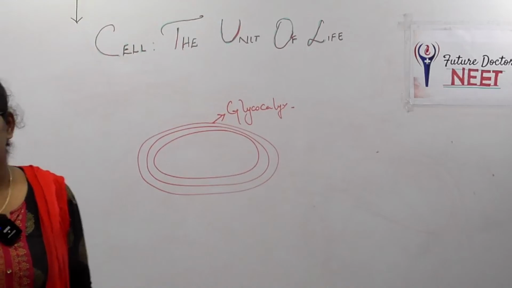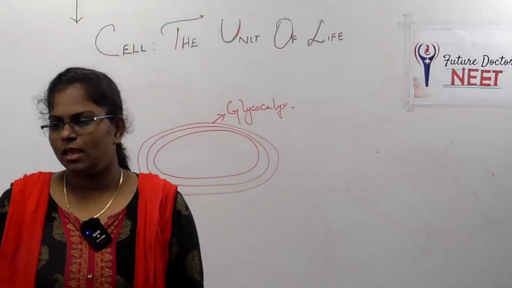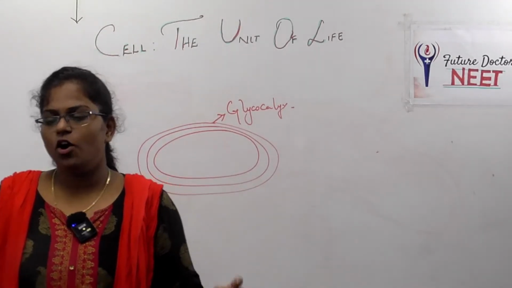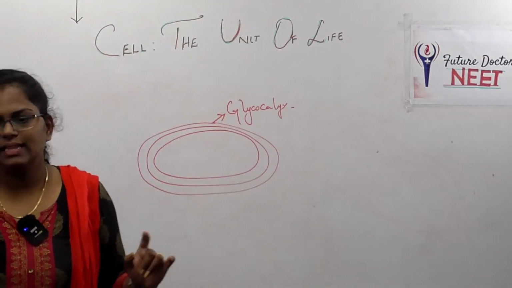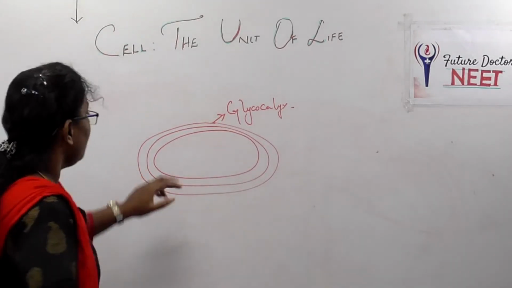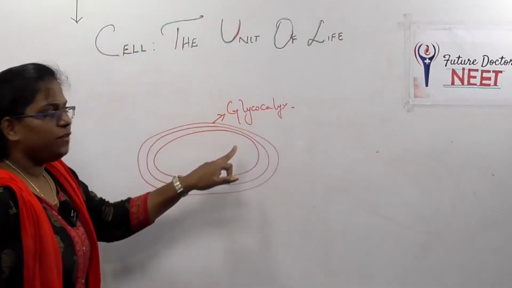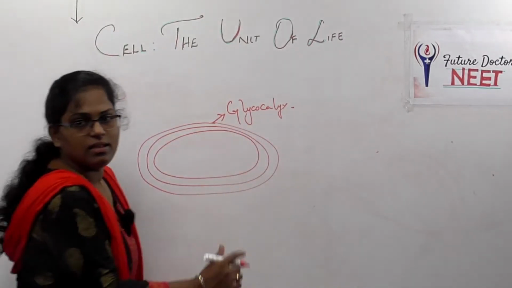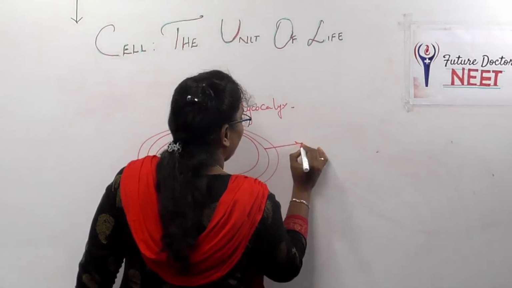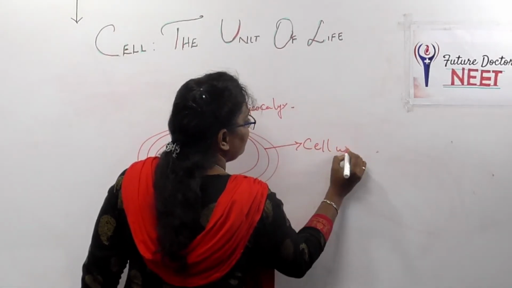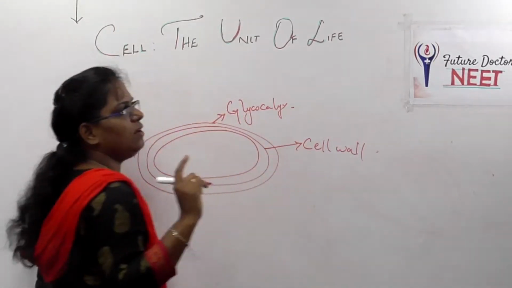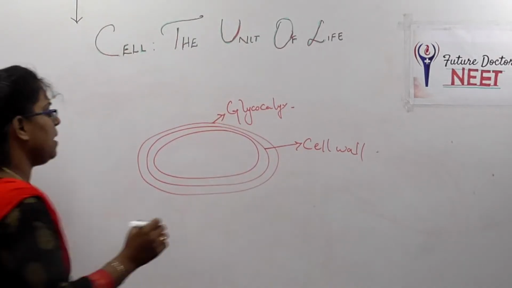The glycocalyx is followed by the cell wall and then the plasma membrane. Glycocalyx is followed by which layer? The cell wall, and then the plasma membrane.